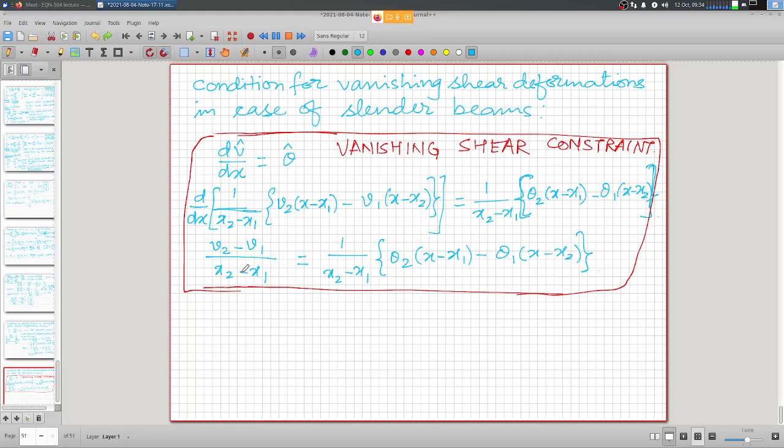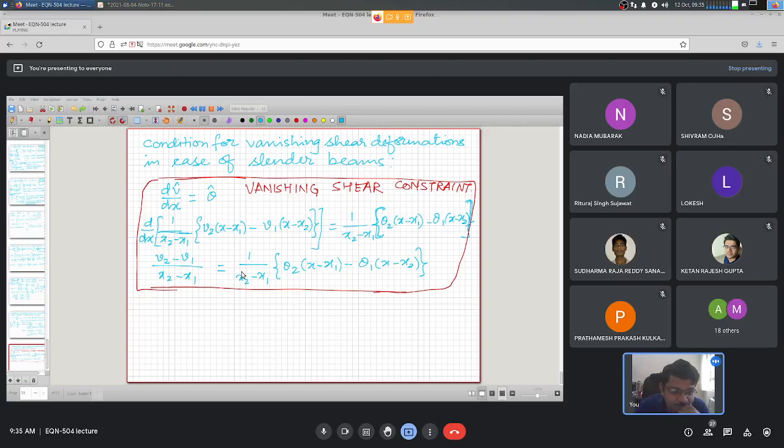Is it a constant or not? v1 is a constant. I mean, it may be unknown, but it is a value of the primary variable.